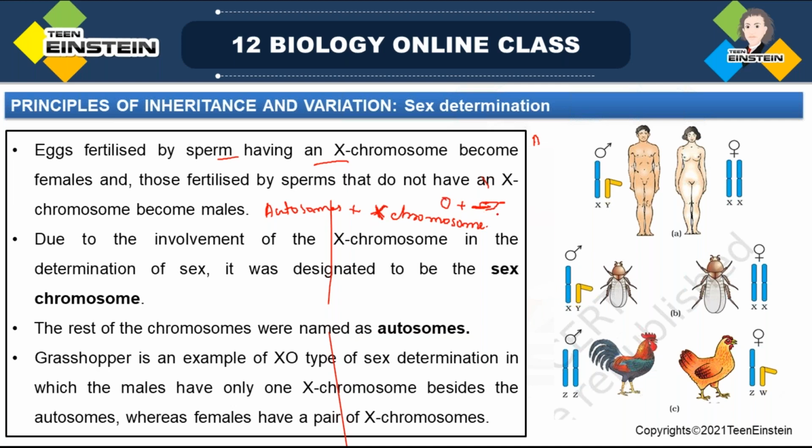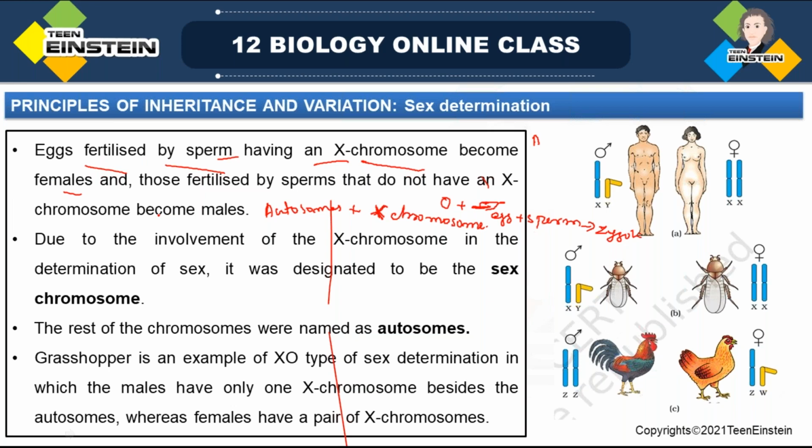The egg already has autosomes plus an X chromosome.